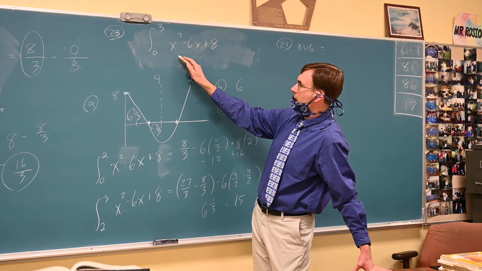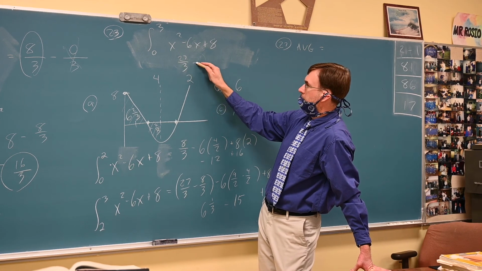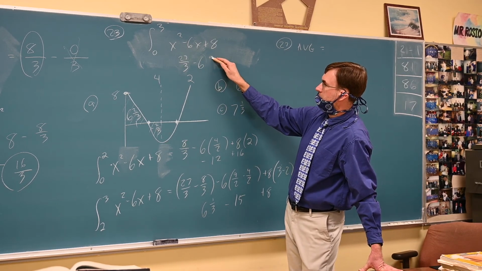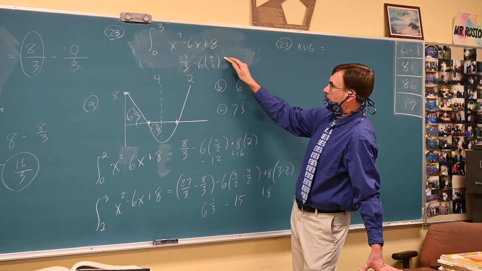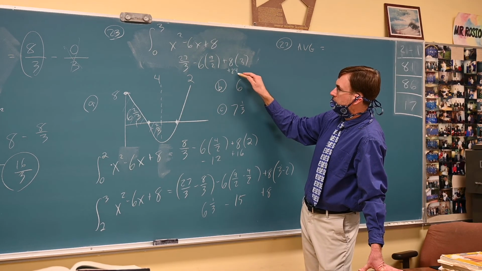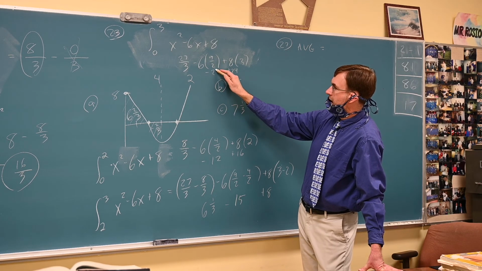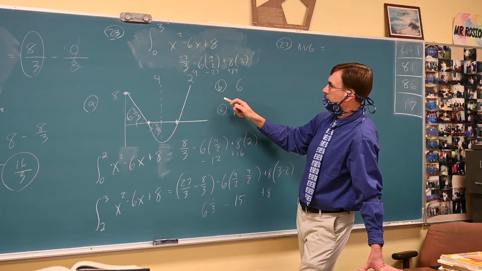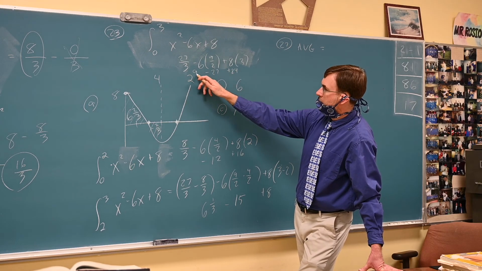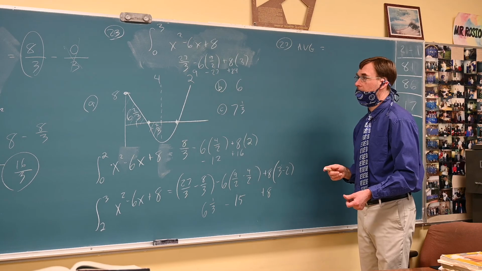which would have us go 27 over the 3 minus 6, 9 over 2, plus 8 times 3, that's a 24. That's a negative 27, that's a positive 9. Positive 33 subtracts 27, we could get 6 directly.